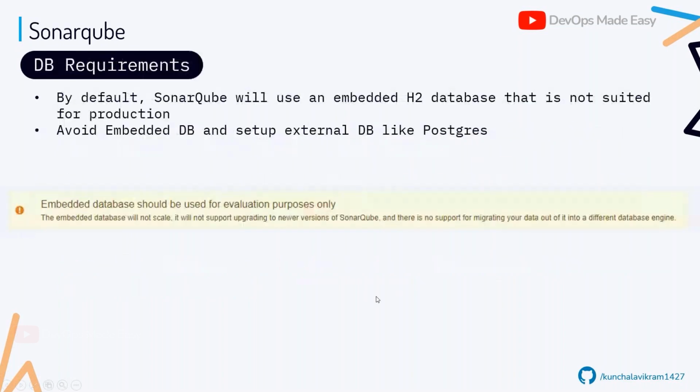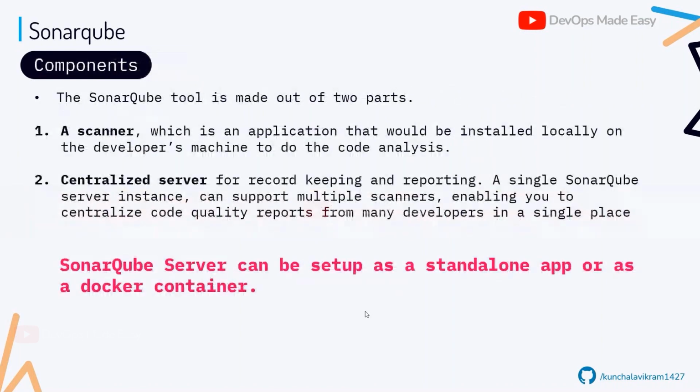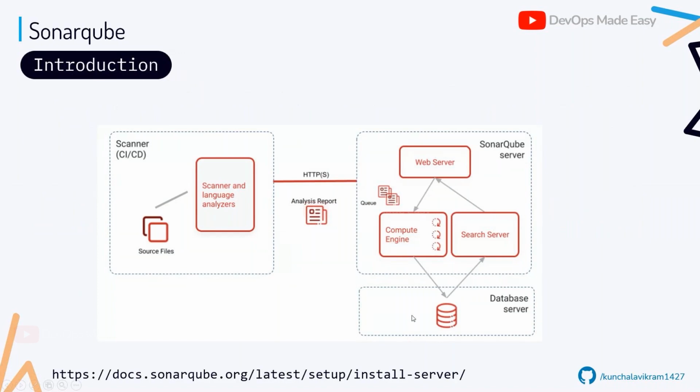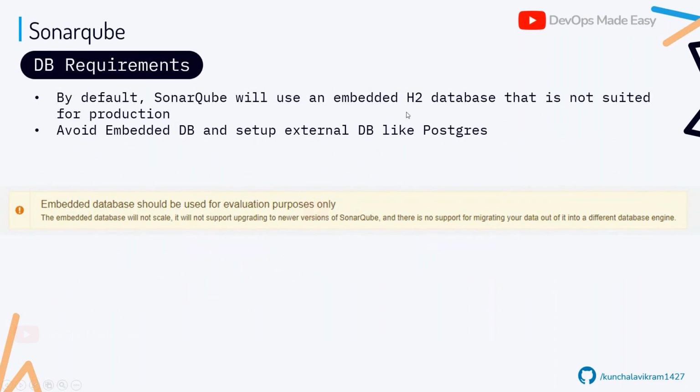And now by default, SonarQube will use the embedded H2 database. Again, this is an important question. Whatever database you're seeing here, by default SonarQube will use the H2 database, which is internally available. You should not use the internal H2 database if you are planning to install SonarQube for production requirements. For production, we will create an external database.